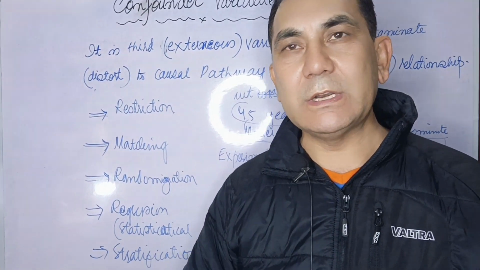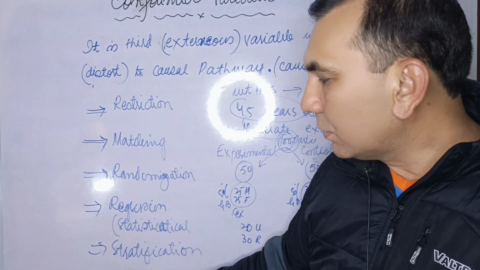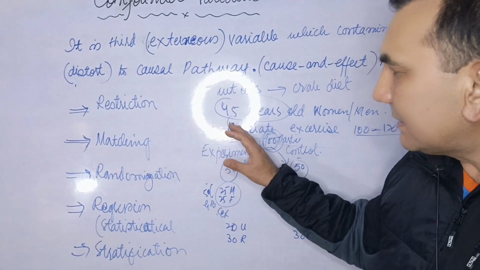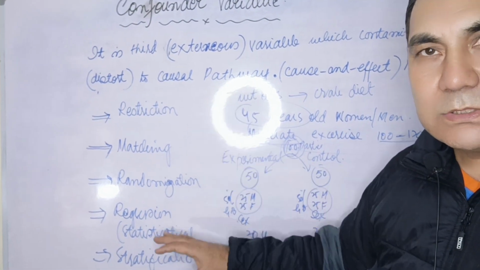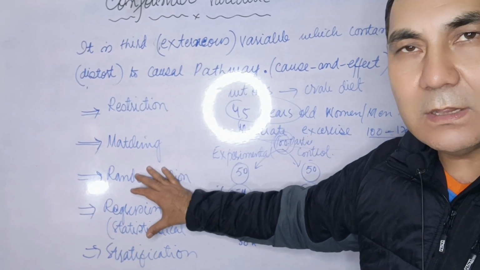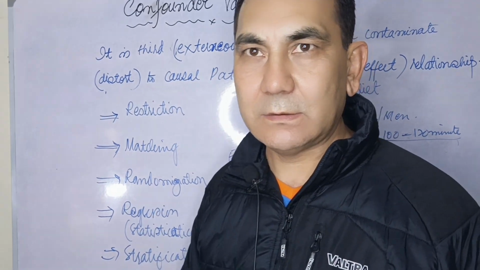Maybe the gender, maybe the education level, maybe smoker and non-smoker. We will stratify it into smoking and non-smoking. In the smoking, we will stratify by smoking and alcohol drinking with the effects of liver cancer.